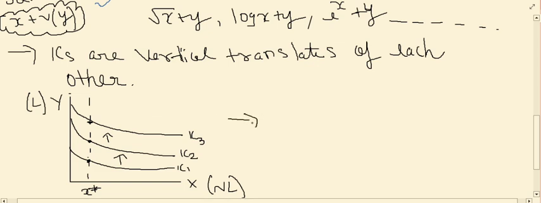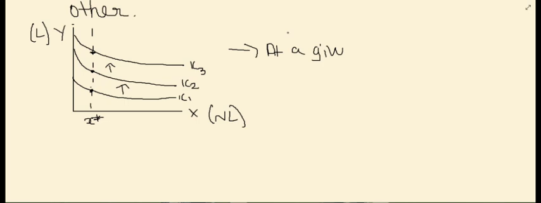So you can note here that at a given quantity of X, different ICs have the same slope.